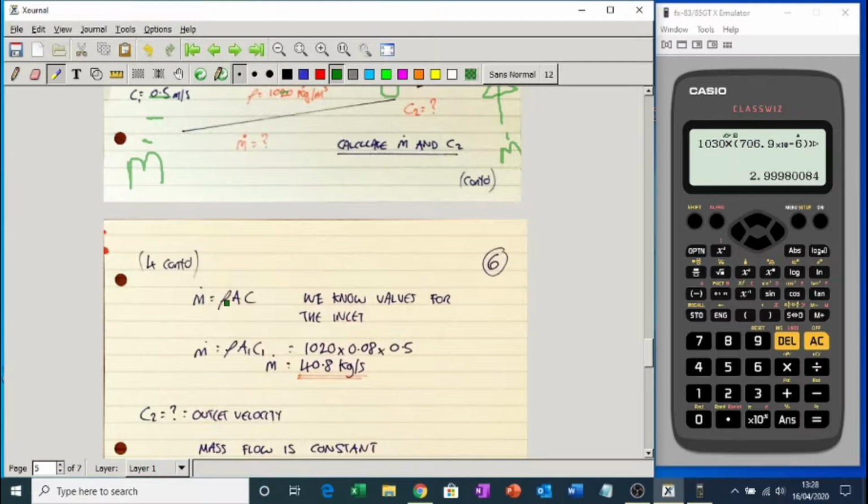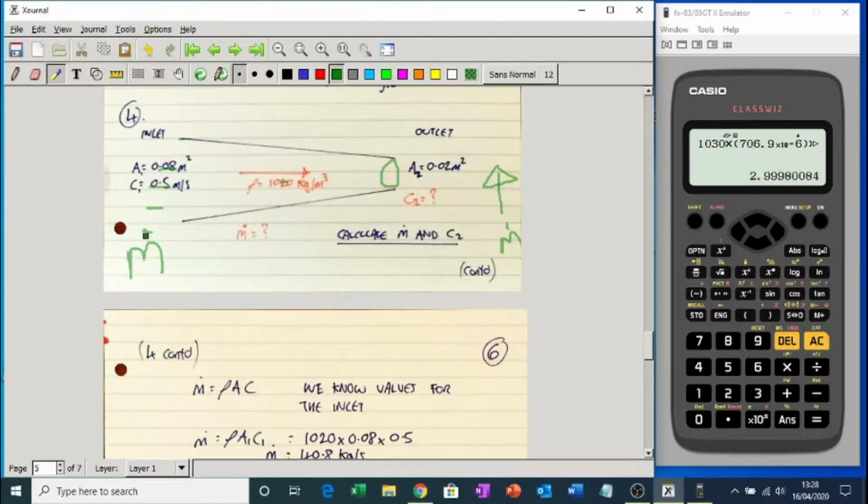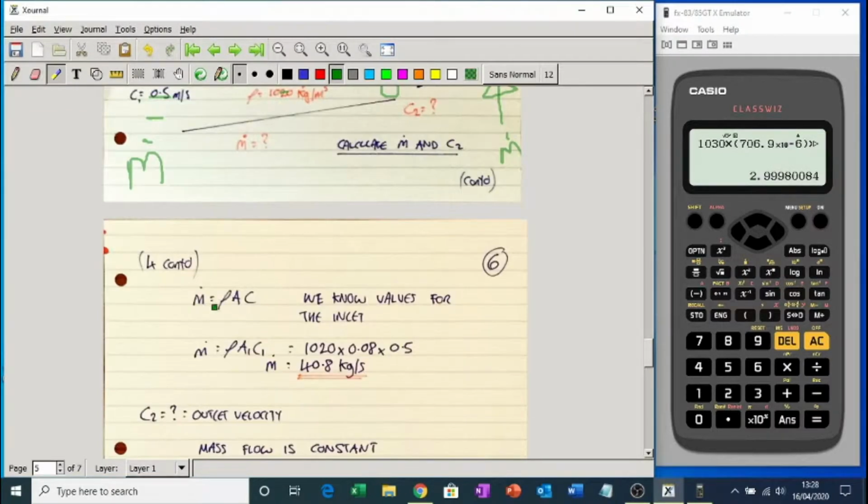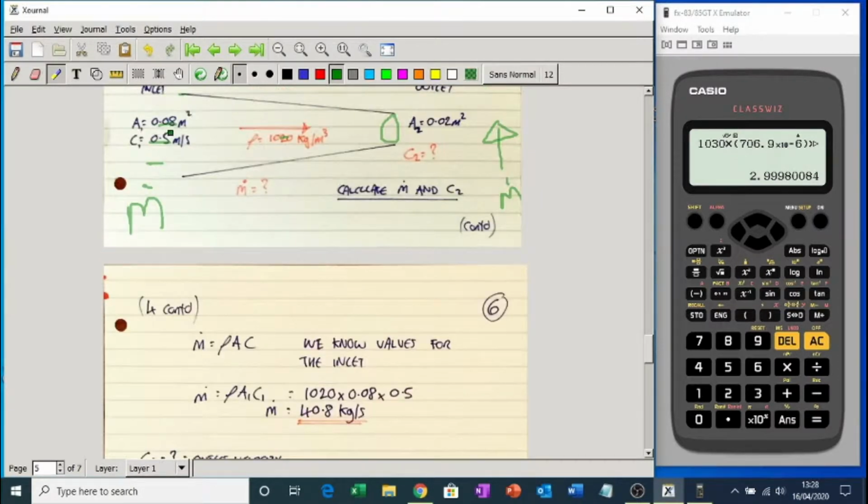So mass flow rate, density, area and speed, we know the values for the inlet, so it's going to be the inlet mass flow rate, which will be the same as the outlet mass flow rate. I know these numbers, don't know these yet. So density is 1020, the area in is 0.08 and the speed in is 0.5.